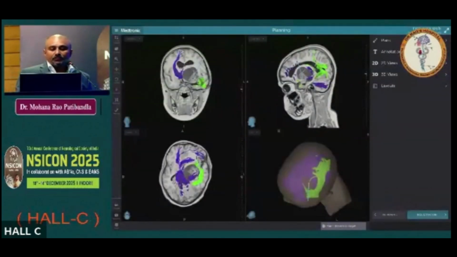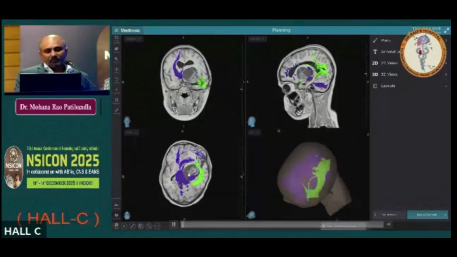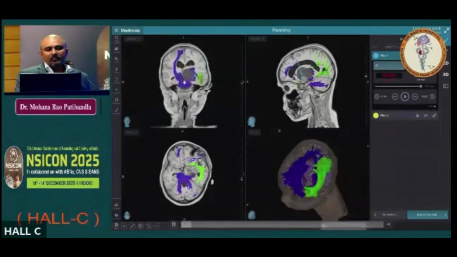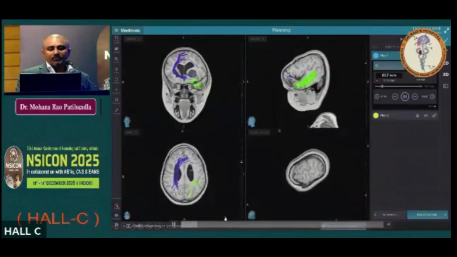This is one of the tumors I would like to show you. It is a thalamic tumor, basically the intraventricular part. We mapped it out, and here the cortical tract is there. So we came all the way from the lateral, anterolateral, and then we removed this.